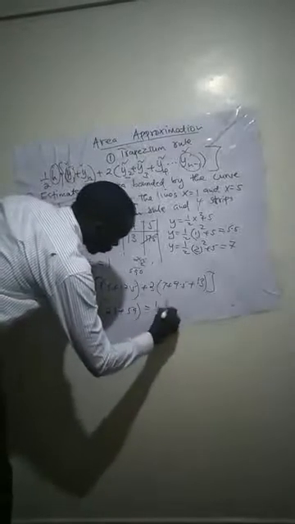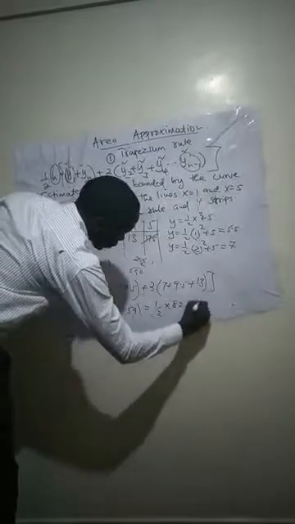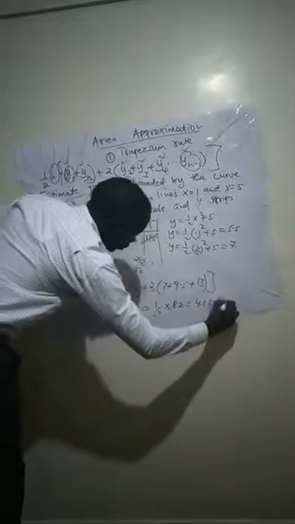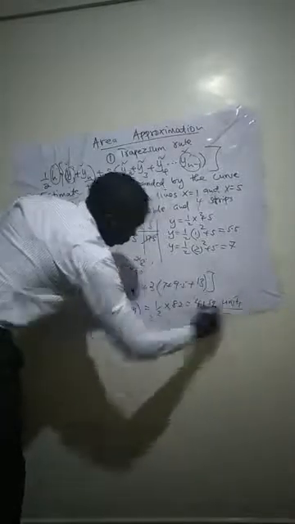That gives us 59. So we have 59 plus 23, that gives us 82. We have a half of 82, which gives us 41 square units. And that is the area under that curve, using the trapezium rule.